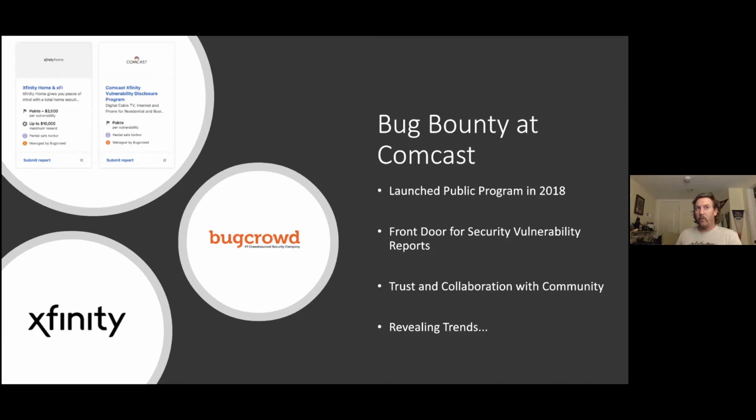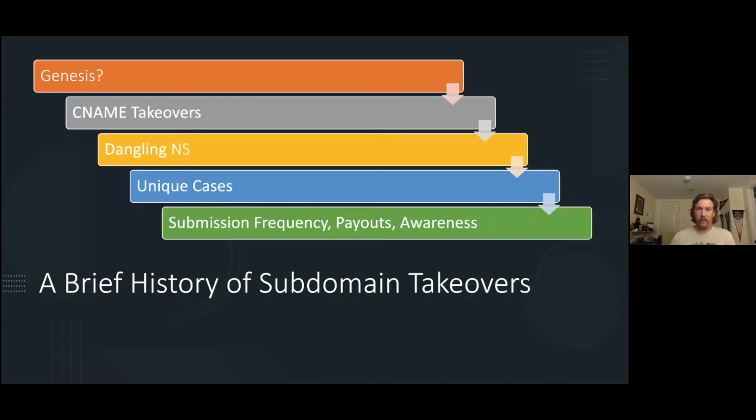With this program being launched in 2018, we have had an opportunity to see some trends come across. A lot of the things that we see are OWASP top 10 type things. But we've also come to realize that subdomain takeovers have been a pretty frequent submission throughout our time. So a little bit of background on that.